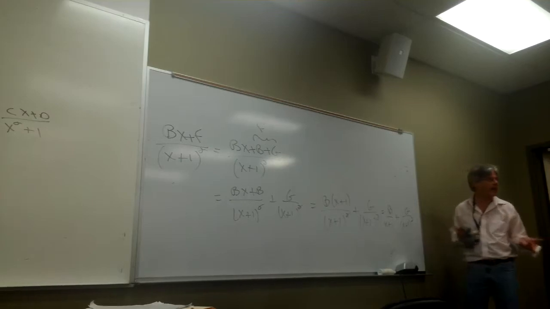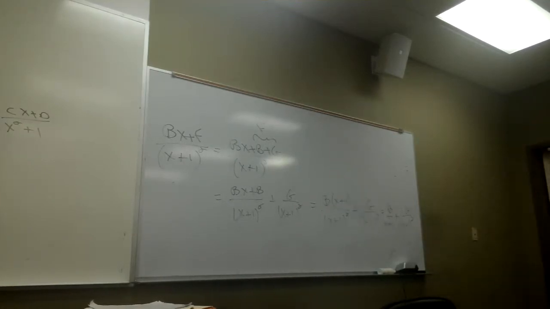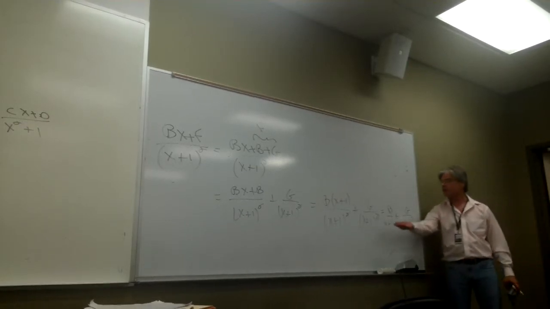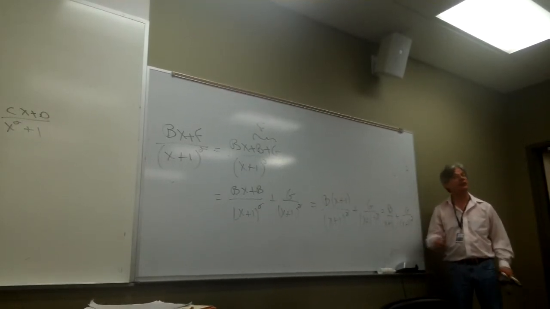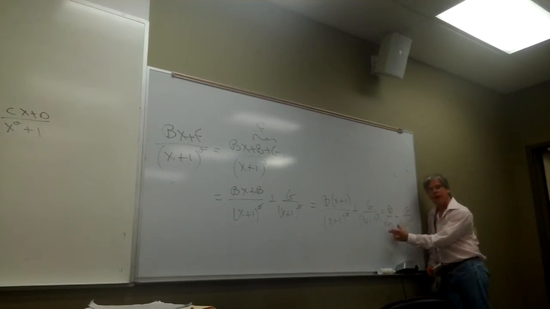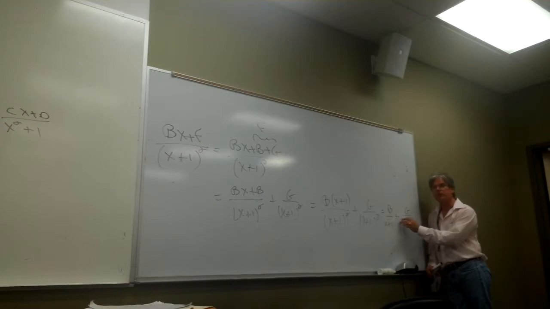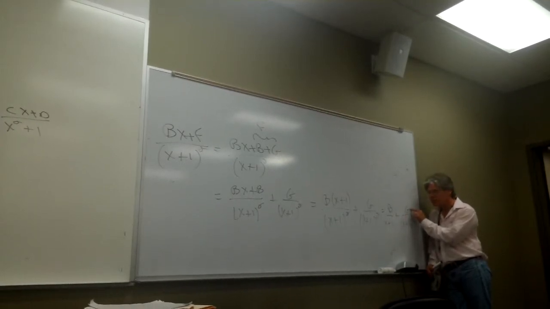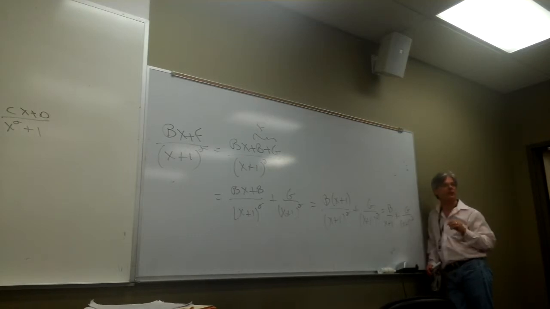Having a quadratic expression downstairs, the numerator has to be as big as linear, or I can cheat. Since my quadratic denominator is a duplication of a linear factor, to make my life easy, I'll think of it as a constant over the linear factor plus just a single constant, not a linear expression, over that linear factor duplicated twice. Just an alternative way of doing it to make my arithmetic easier.